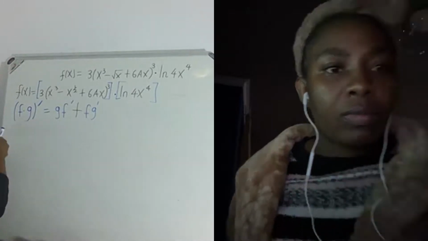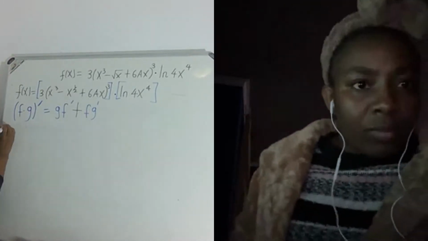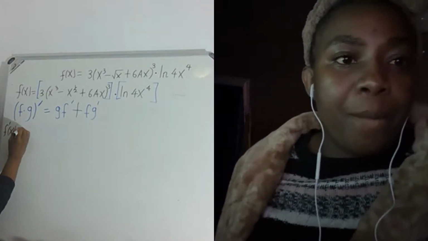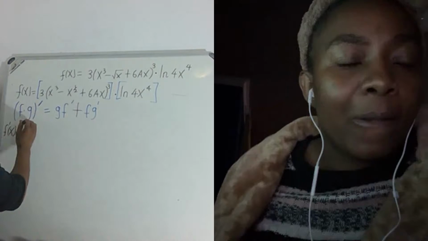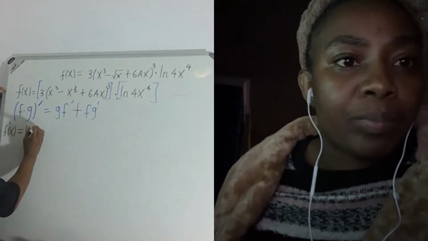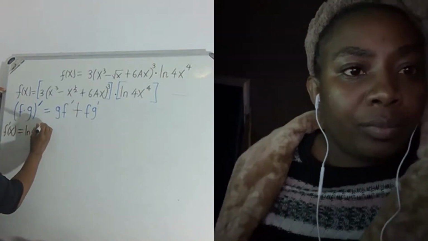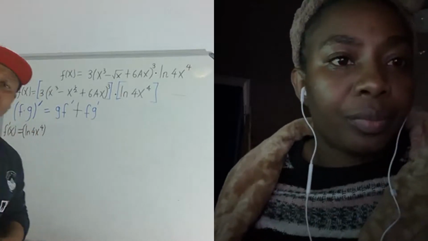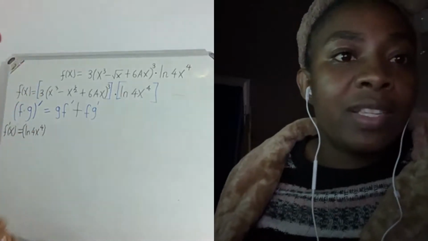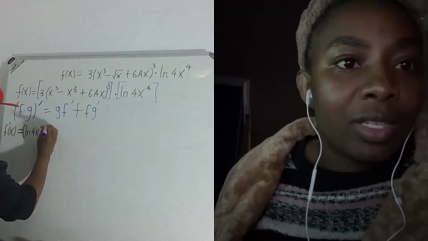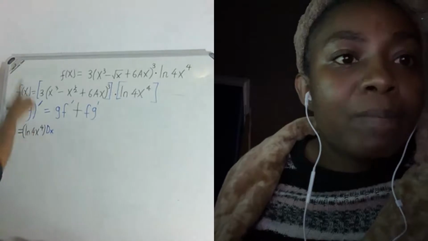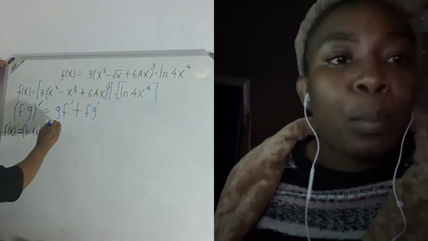So f prime equals ln 4x to the power 4, this is the constant. And then we differentiate the first. You can even write it like this, that's another way to write it. So what do we differentiate?